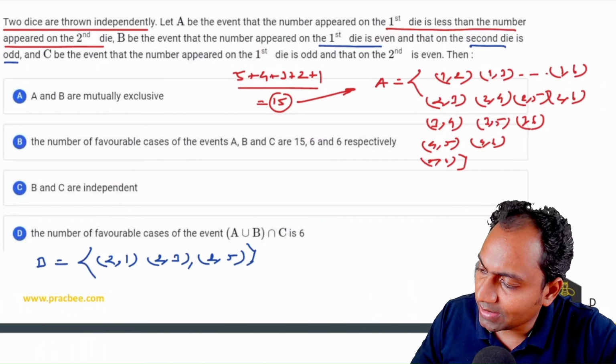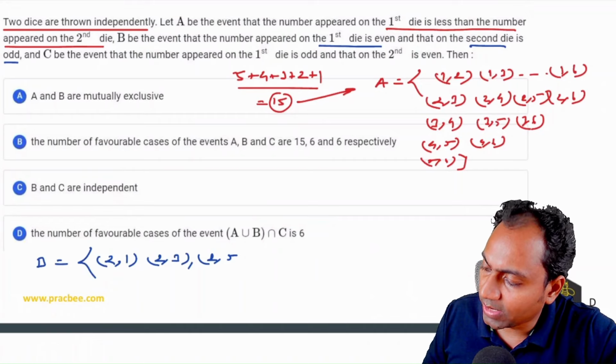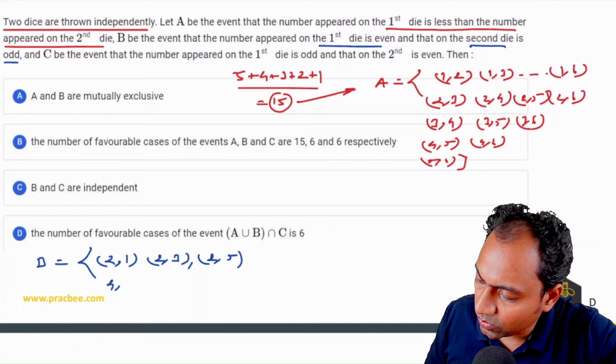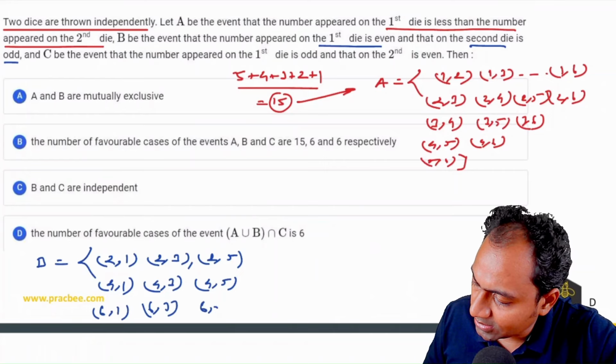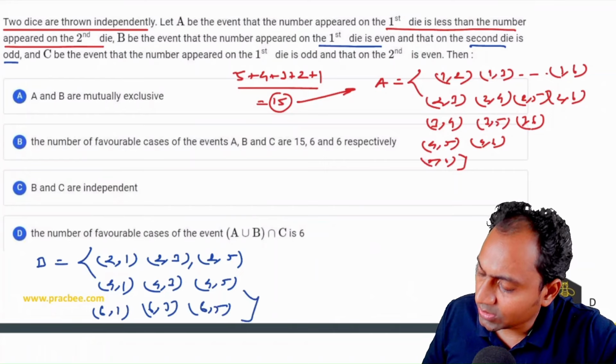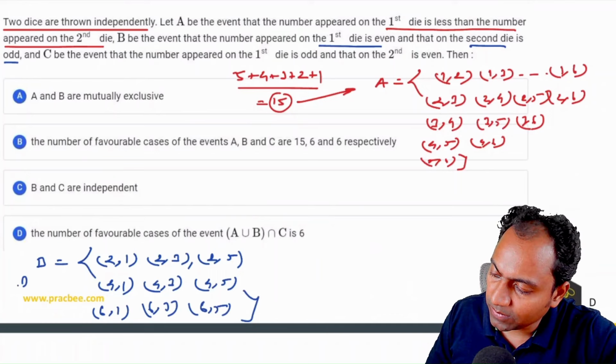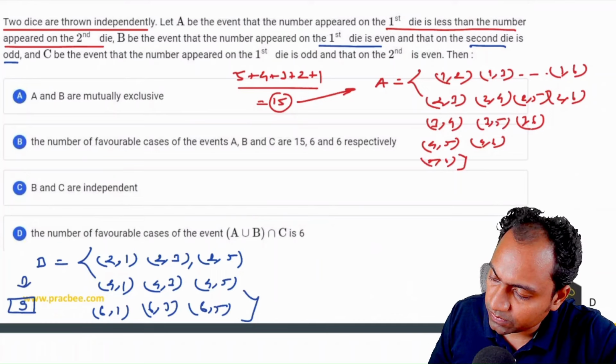Now you can see that in this manner I can write a few more elements. Like if I start with 4, 1, then it could be 4, 3 and 4, 5, and like this 6, 1, 6, 3 and 6, 5. So you can see that in total there are 9 elements here also.